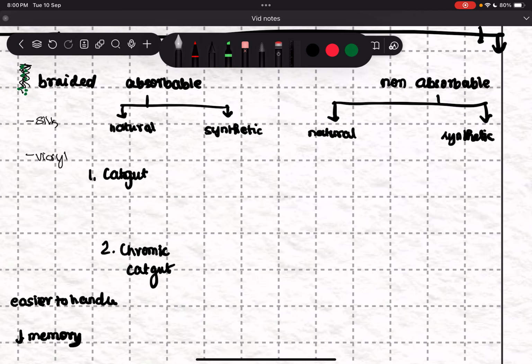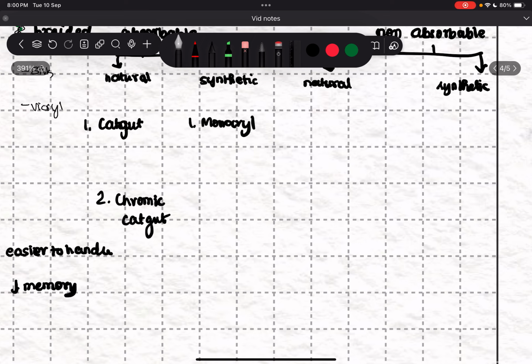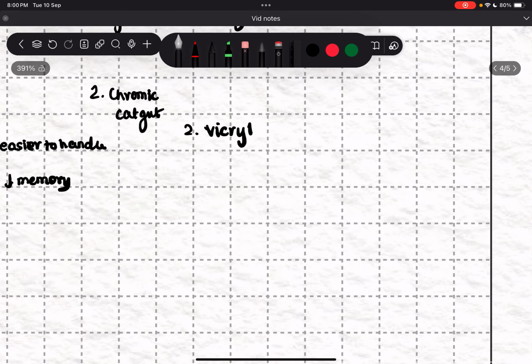Monocryl we had seen somewhere else. What is that? Subcuticular sutures, yes.